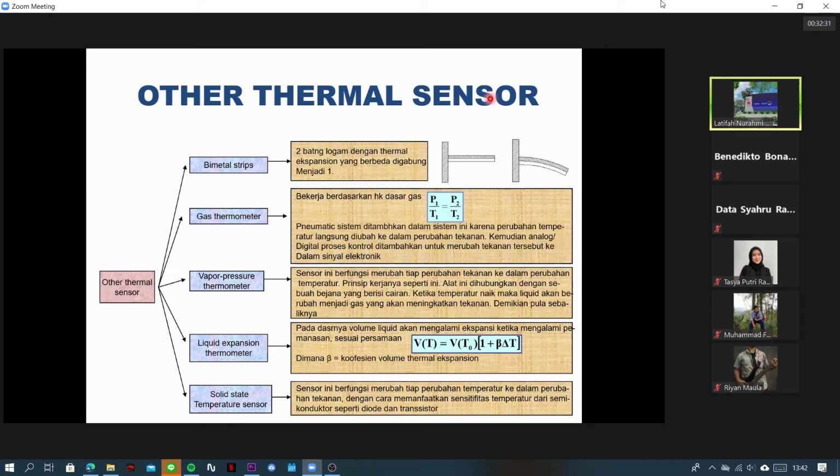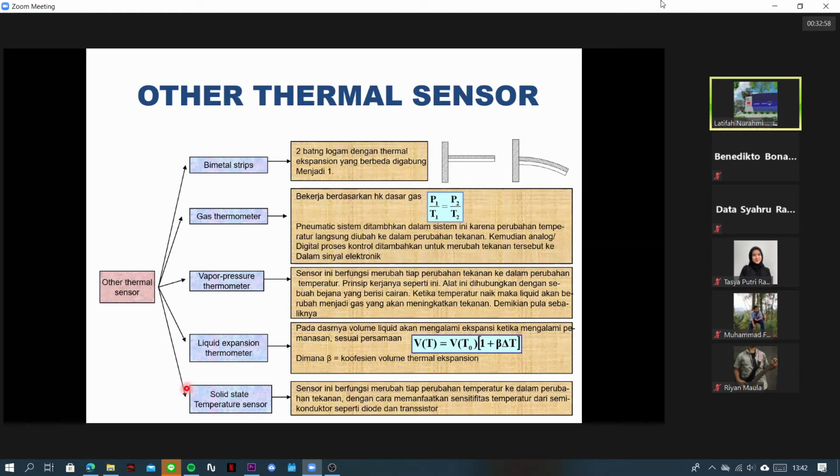So other thermal sensors, there are many others: bimetal stripes and gas thermometer. We may use a gas thermometer instead of using metal. We may use vapor pressure thermometer, liquid expansion, or solid state temperature sensor.